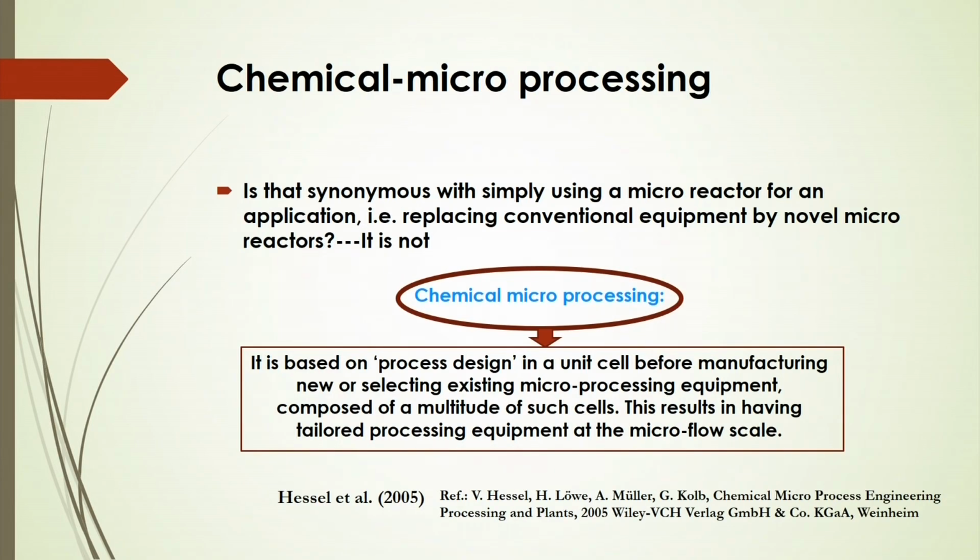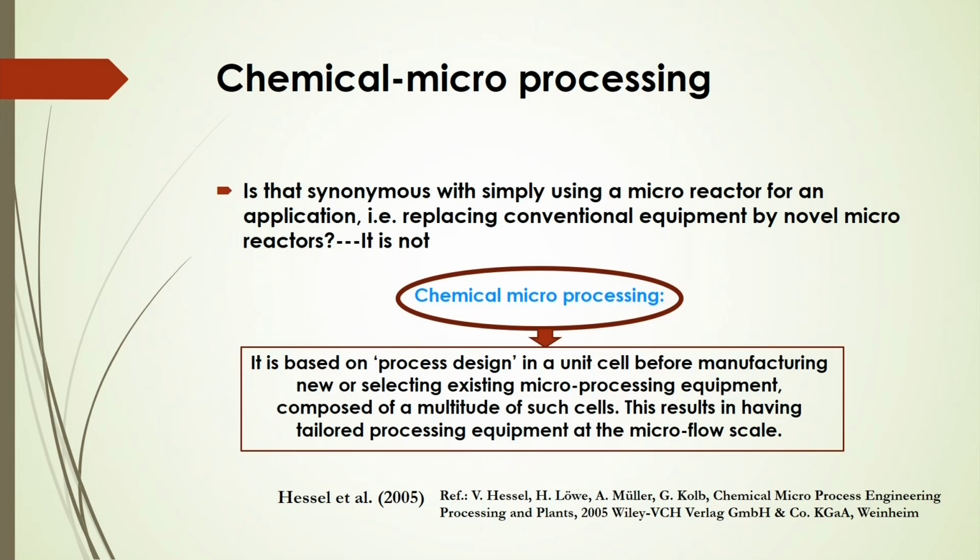And is that synonymous with simply using a microreactor for an application, or will some other terms be used for that? If you replace conventional equipment by novel microreactors, then what will happen, will it be suitable or not?